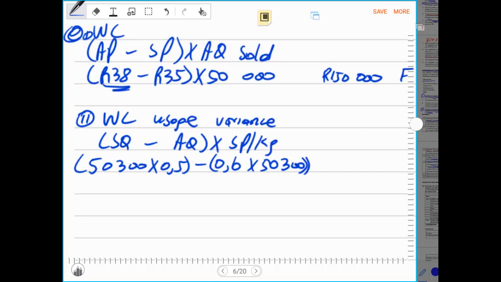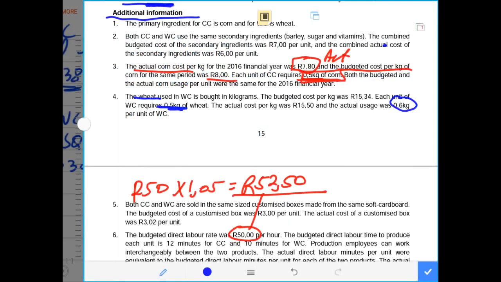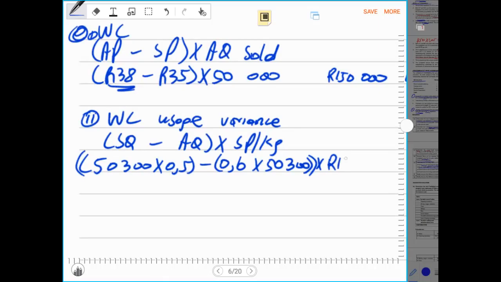After that, I have to multiply, with 2 brackets, by the standard cost per kg. My standard cost per kg budgeted, they said the budgeted material cost per kg is 15 rand 34 cents. Remember, this is whole wheat. So this is what I will be multiplying with, 15 rand 34 cents.